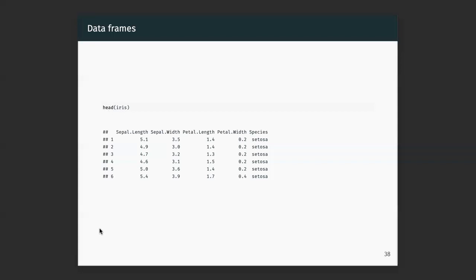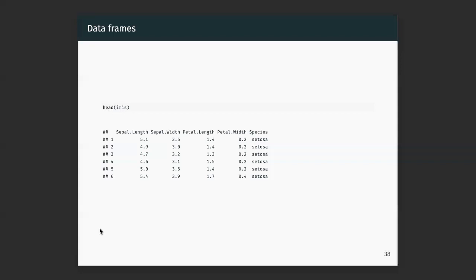So we notice here we have 4 numerics and 1 character. All columns do not have to be the same type in a data frame. They do in a matrix. If we're in a matrix, it's always going to be all numeric, which you could convert into a logical as 1s and 0s, but it can't be character. If it's a character, then it's going to be a data frame.